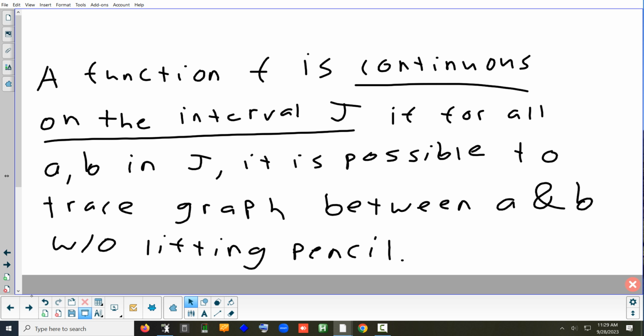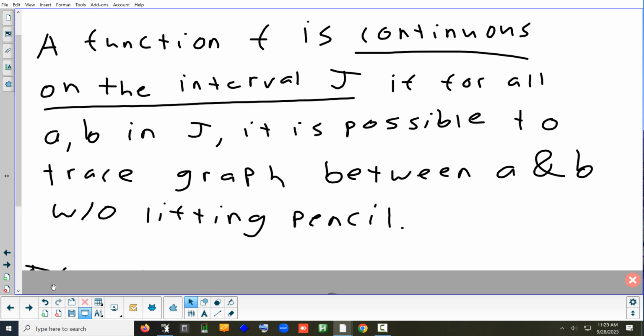So basically the idea is if you can go between one point and another point on an interval. So if you can start at a point, stop at a point, and not have to lift your pencil, then that would be considered continuous.